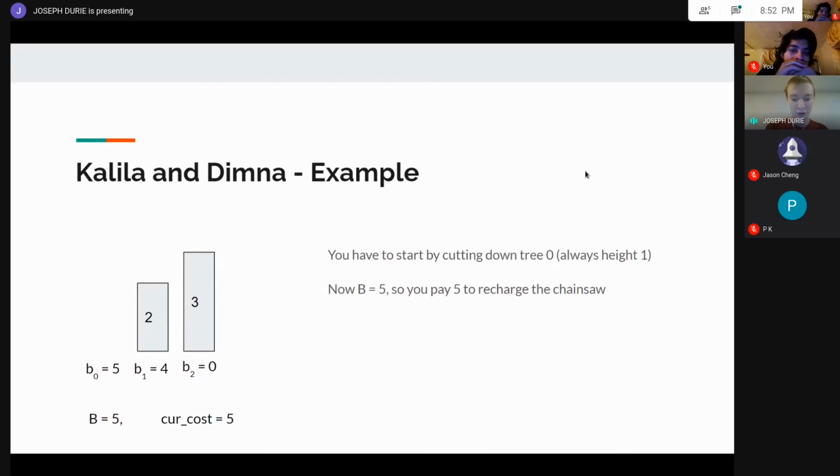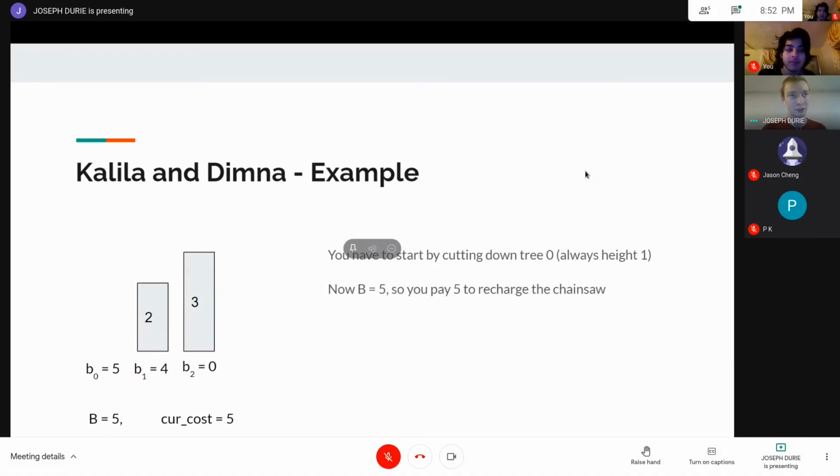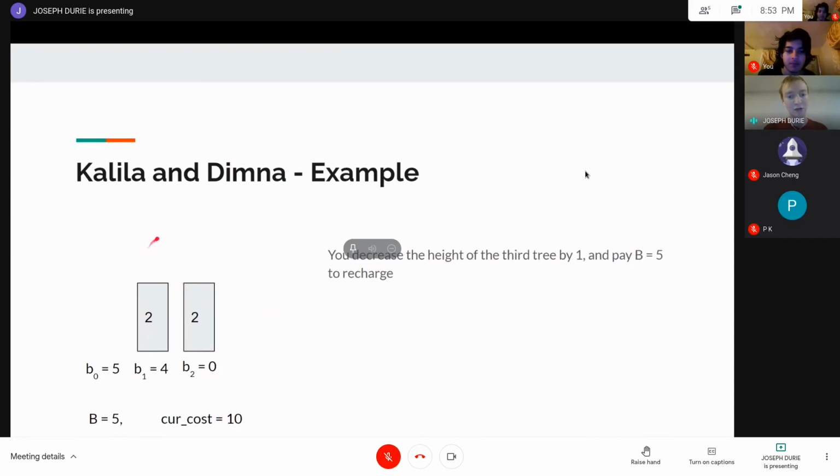Okay, so now we want to go again. And it turns out in the optimal situation, we want to decrease the height of tree 3. Okay, we decrease the height of tree 3. B is still 5. We still only have 1 tree cut down. So now we have to pay another 5 to recharge. Then we want to cut down tree 3 again and pay another 5.